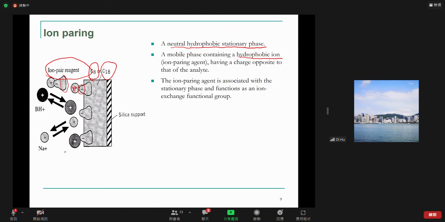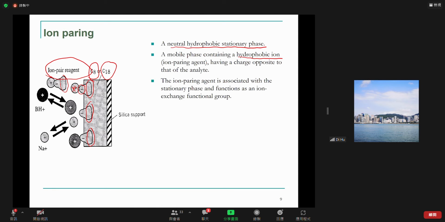This is one mechanism. The other mechanism is that the hydrophobic tail of the ion pairing reagent first binds to the C8 or C18 stationary phase because it is hydrophobic, and its negative head points outside. That makes the reverse phase stationary phase look like a negatively charged ion exchange column, right?